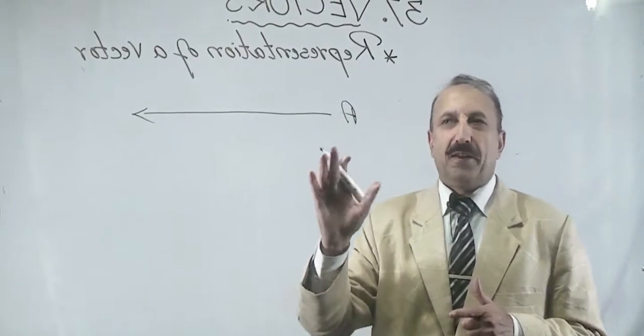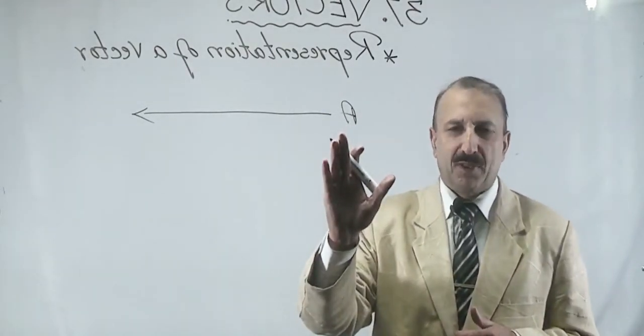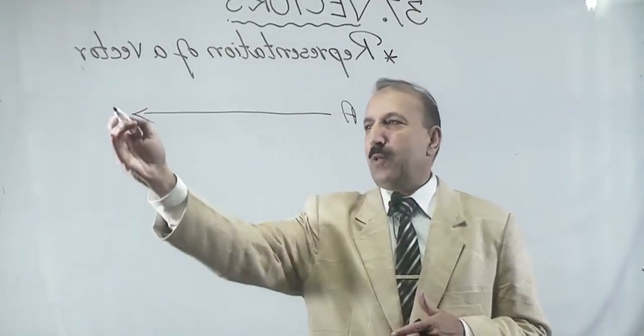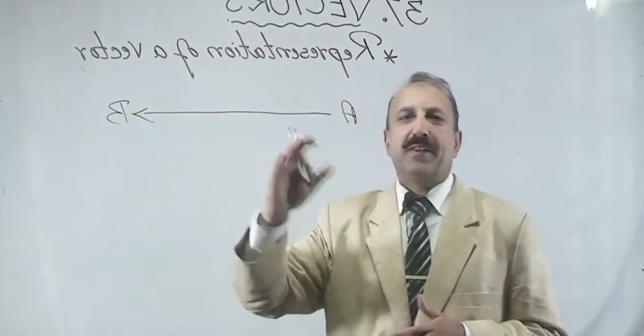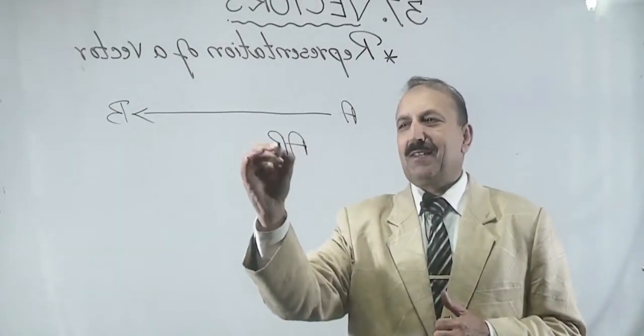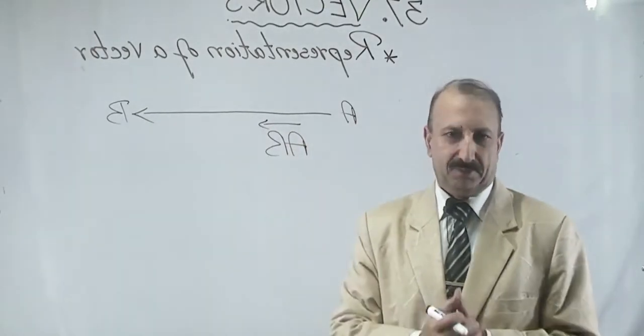In the topic of vectors, vectors are represented by capital alphabets, they are representing from the vertices, the starting point and the ending point, like these 2 points A and B. And we write it as this is vector AB or AB vector.